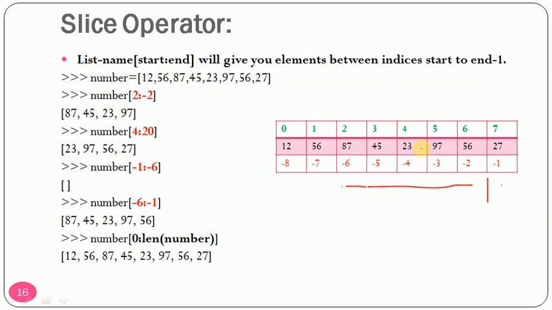Now look at this one, num[0:len(num)]. 0 means from here, and len of num is 8 here. That means it must take the entire list from 0 to 7. That is the meaning of this particular statement, 0 to len of num.